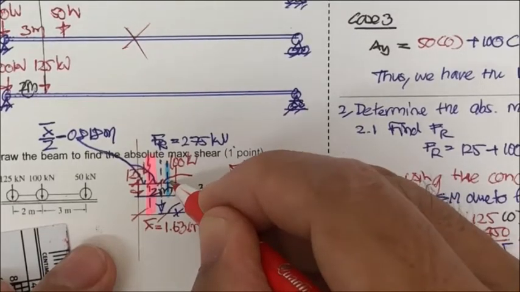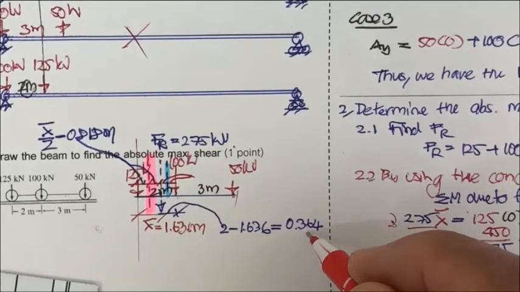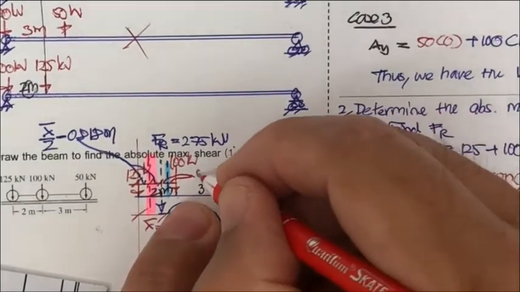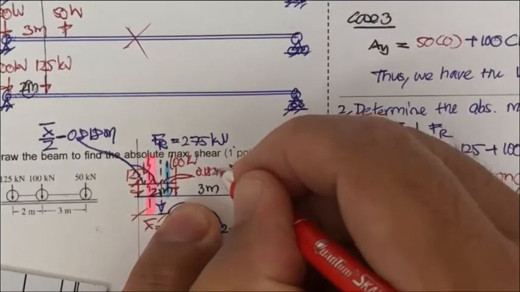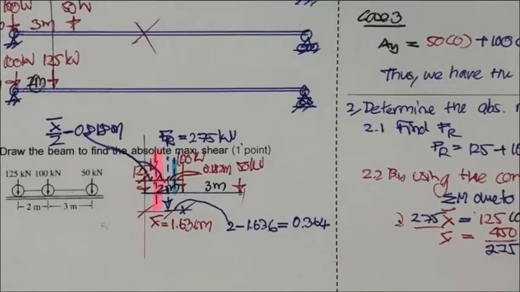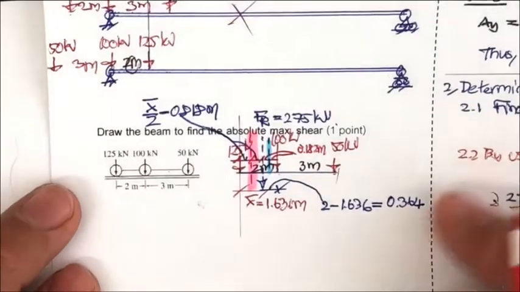Half of 0.364 is going to be 0.182 meter. That is the point that we are going to focus on for this moving load.